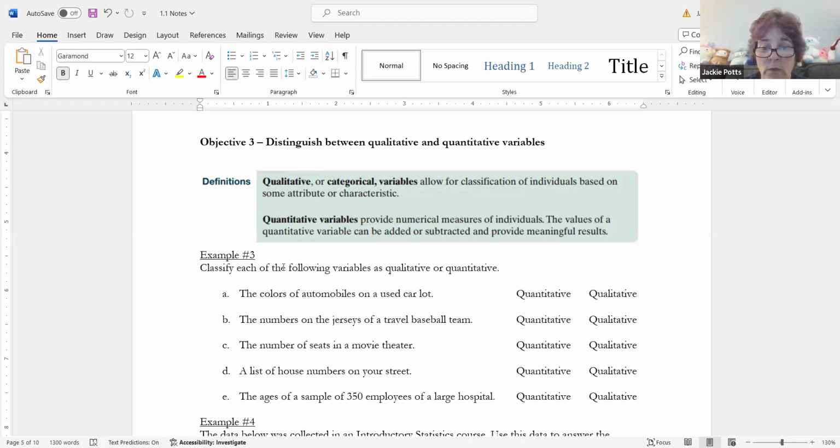A lot of times people will tell you age is always quantitative because you can add and subtract it, right? Well, can I not describe myself as a 21-year-old female? You guys, guess what? I'm not. But when I use it as a description of myself, it can make it qualitative. There's the context. Context is key.